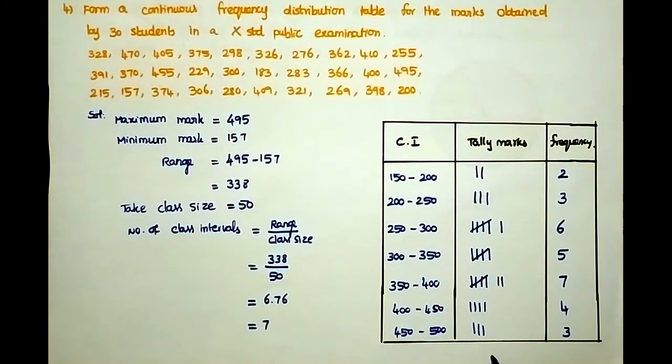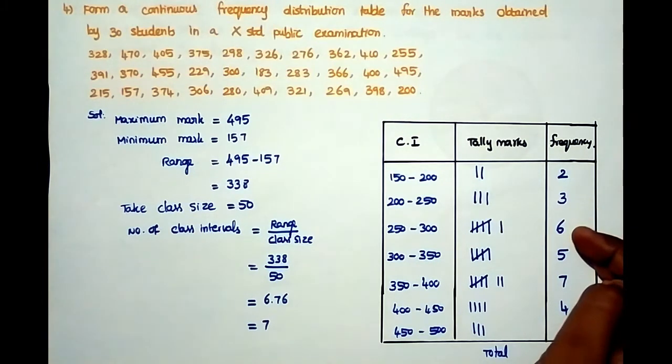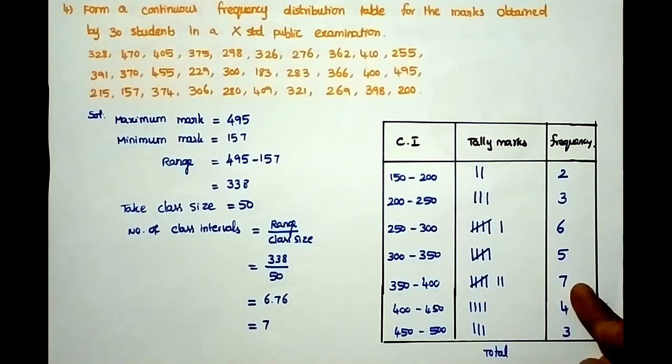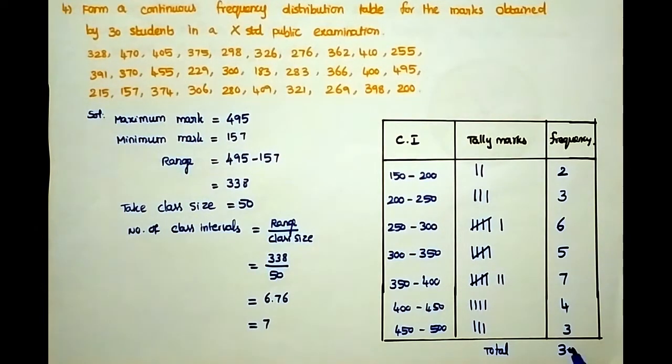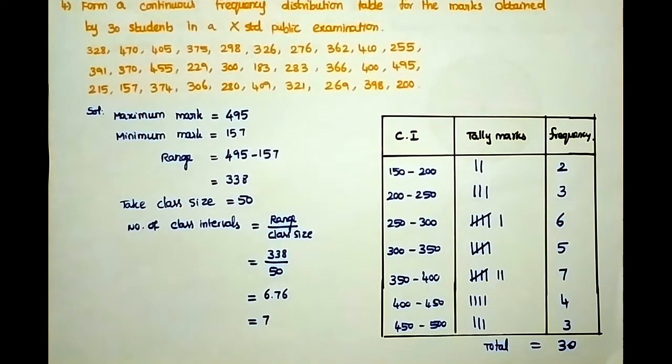Now count that total: 2 plus 3 is 5, 5 plus 6 is 11, 11 plus 5 is 16, 16 plus 7 is 23, 27, 30, so total 30. They also gave 30 students in total, so that is the answer.